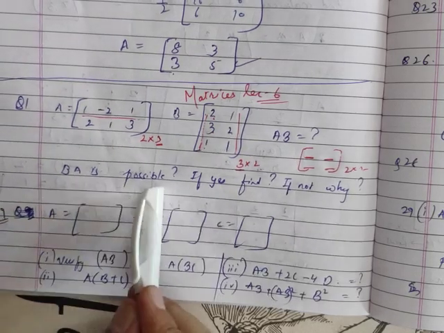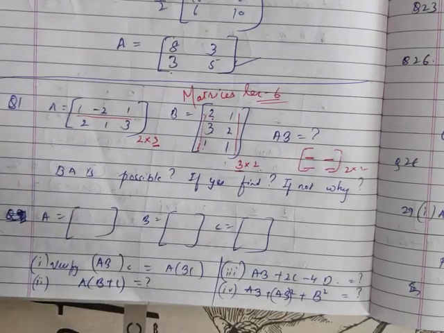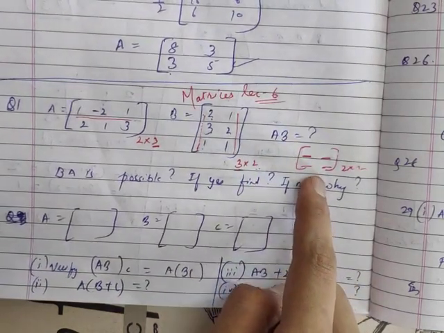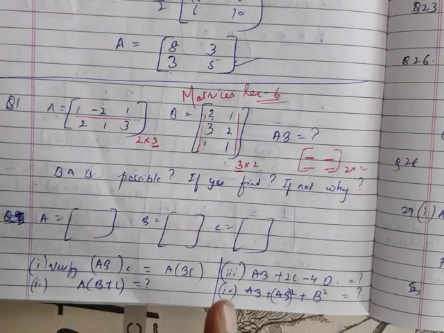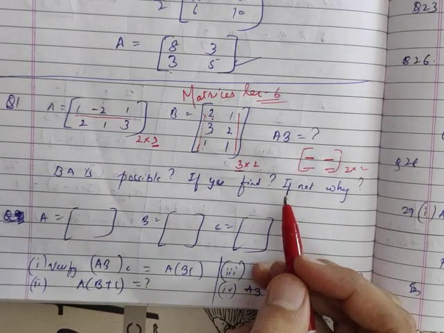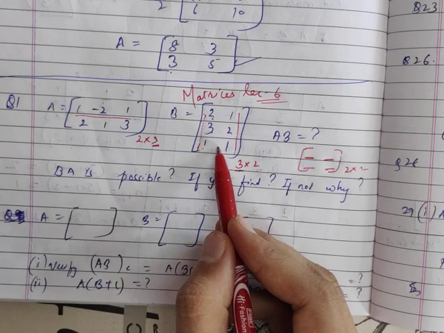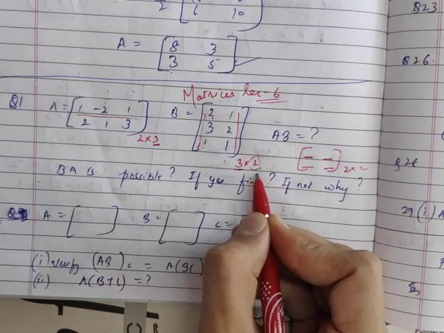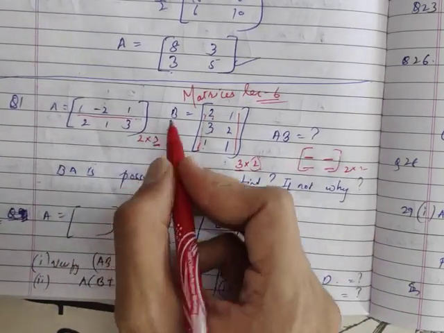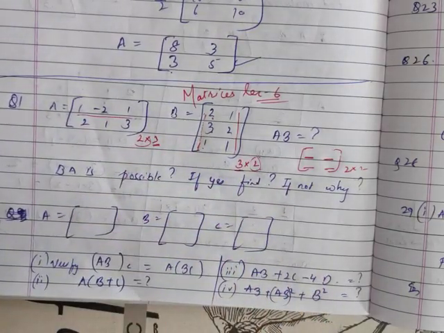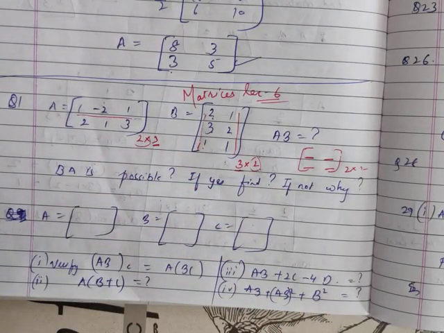Then he says, is BA possible? AB to find हो गया. Now he's asking whether BA is possible. So BA possible है या नहीं कैसे check करूँ? What I would do is check इसका number of columns, that is this, with इसका number of rows, that is this. Can I say yes, it is possible again? Yes.